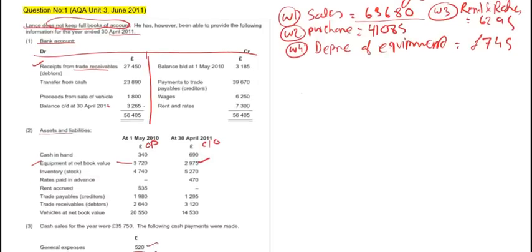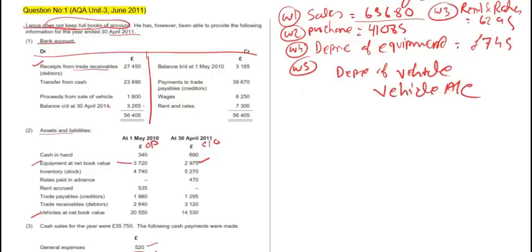Now, depreciation of vehicle. We will open depreciation of vehicle. Okay, we're going to open a vehicle account, and this is a debit account yet again because this is an asset.